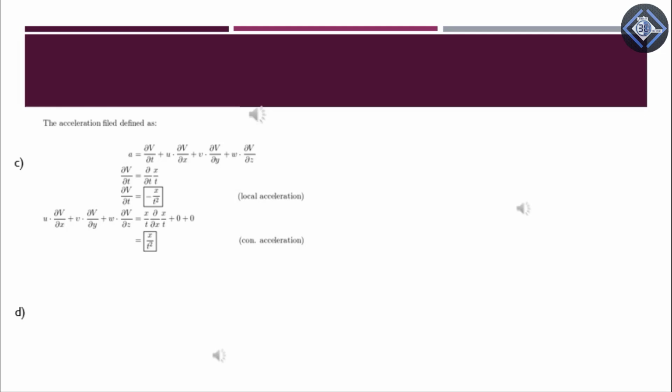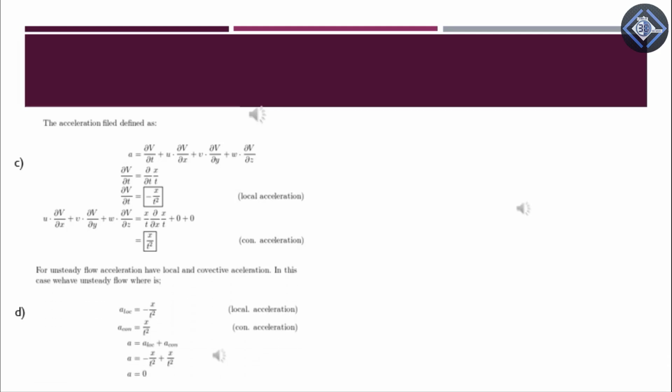∂v/∂t comes out to be minus x over t squared, and the convective acceleration, which in this case is just u ∂v/∂x, because ∂v/∂y and ∂v/∂z will be 0, comes out to be x over t squared.